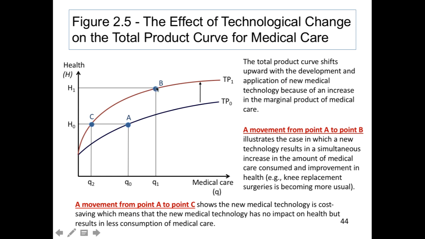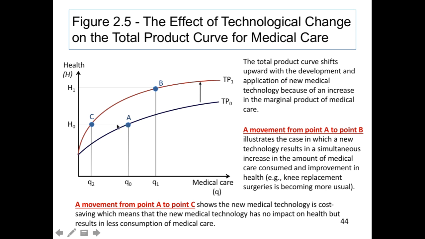So if we move from C to A, that is actually assuming a decrease in technology. But if we move from A to C, this means that we consume less medical care to get the same amount of health.